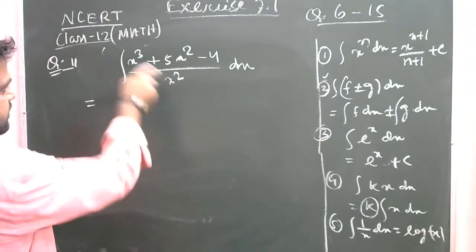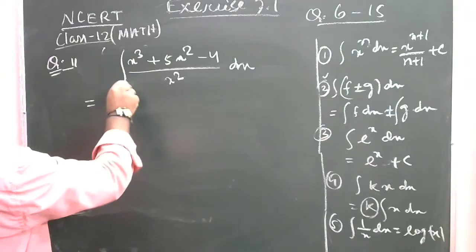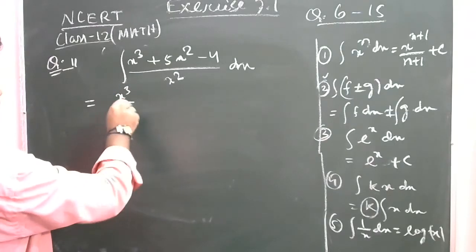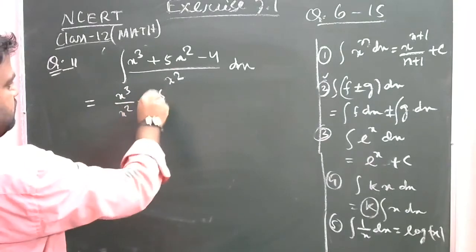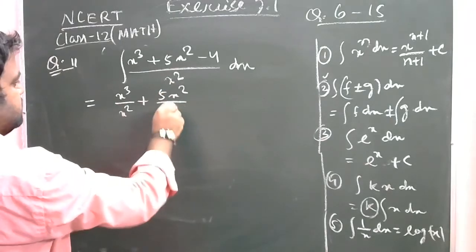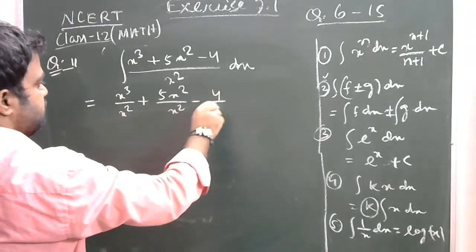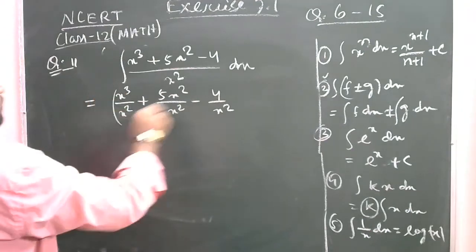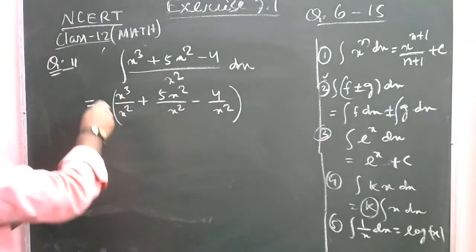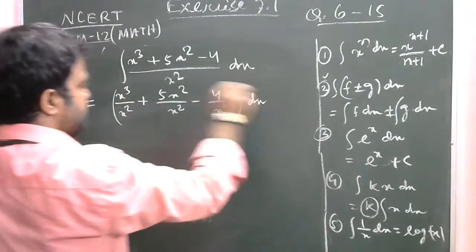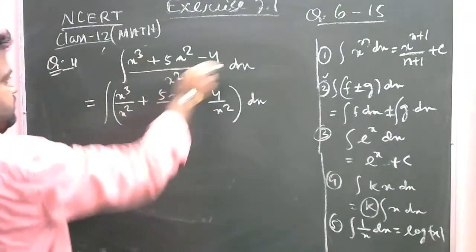So what shall I do? I'll divide each term by x square. 5x square upon x square, minus 4 upon x square. I just separated it and divided x square in all the terms.